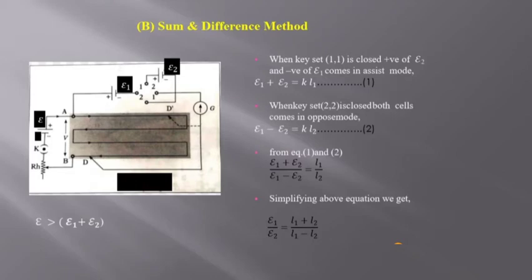So we get two equations, that is E1 plus E2 equal to KL1 and E1 minus E2 equal to KL2. When the first equation is divided by the second, we get E1 plus E2 upon E1 minus E2 equals L1 by L2. This is the equation for the EMFs of the two cells, but in simplified form we can say E1 by E2 equals L1 plus L2 upon L1 minus L2.